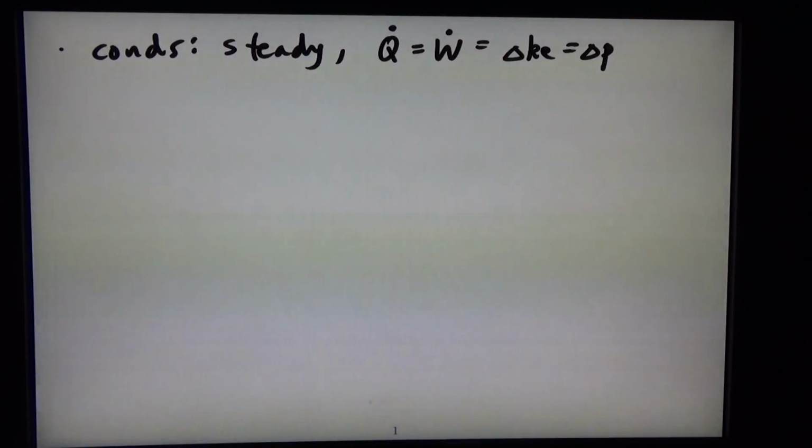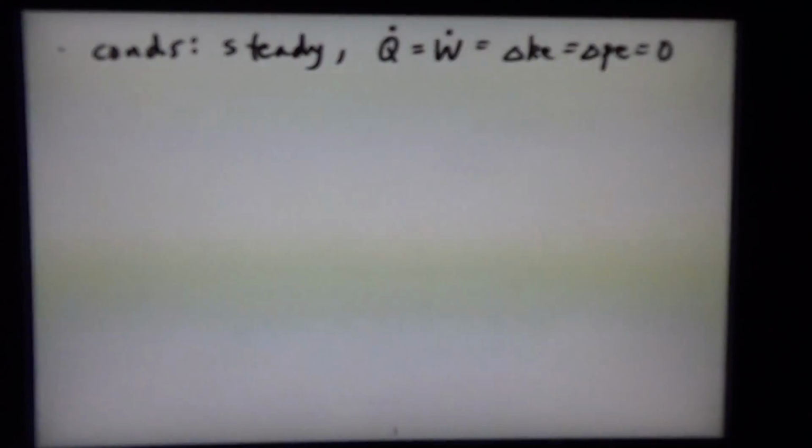For the conditions, we have a steady process, and we apply the heat exchanger conditions, right? Heat exchanger conditions: Q dot, W dot, and kinetic energy effect, potential energy effect, those types of things are negligible.